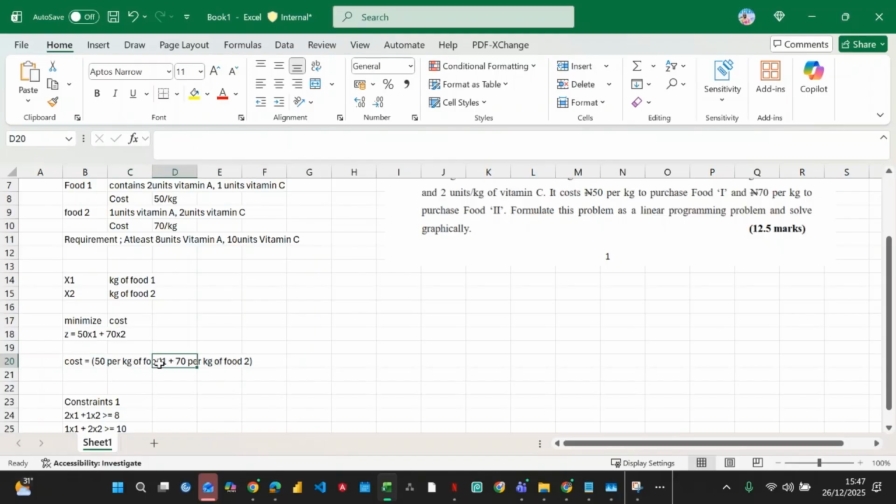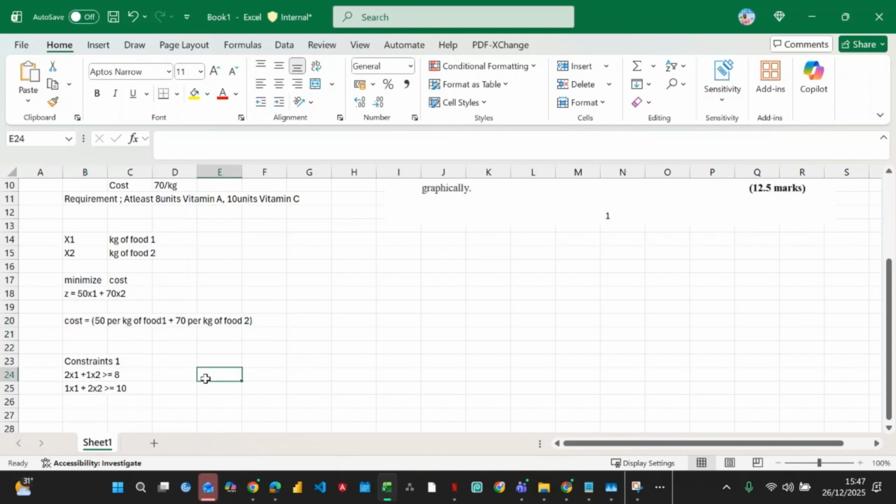So we look at the cost. This was just me trying to explain this to you. The cost here is 50 per kg of food one plus 70 per kg of food two. If you're solving, you don't need to put this. I'm just putting that so that they can read and have a good understanding of what I'm saying. Right? So I should move on.